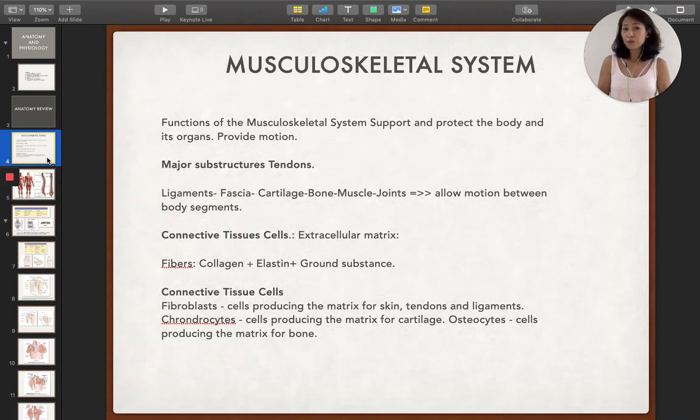For example, we need to have the ligaments and tendons around the muscles of the shoulder joint so that it is moving in and out or closer to our body, and so on. Okay, and we also have connective tissue cells, which is the extracellular matrix.